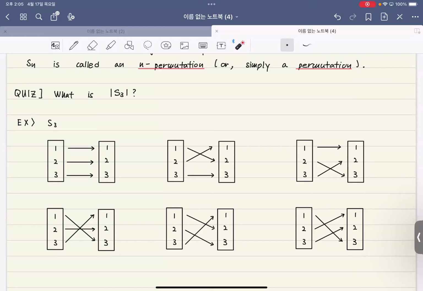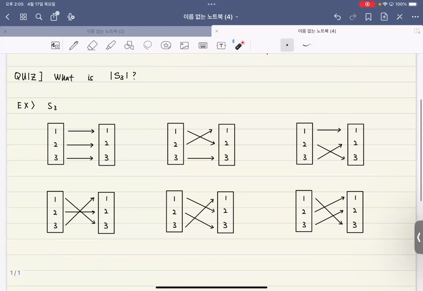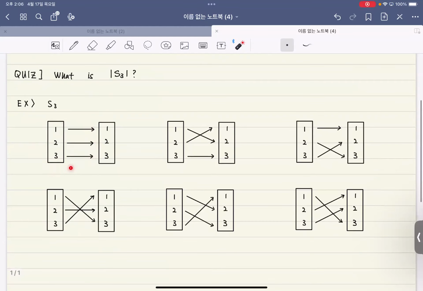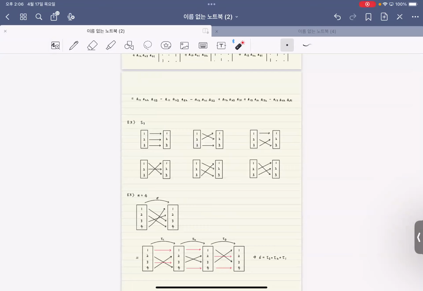So in this sense, S_n has a multiplicative structure: composition. Then there are some very important elements in S_n. The most important one is obviously the identity map, and the next important objects in S_n are the so-called transpositions. So what are the transpositions?